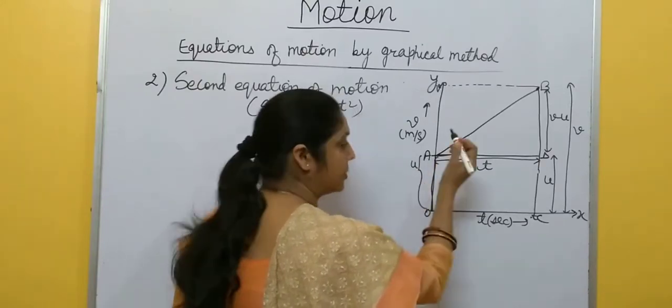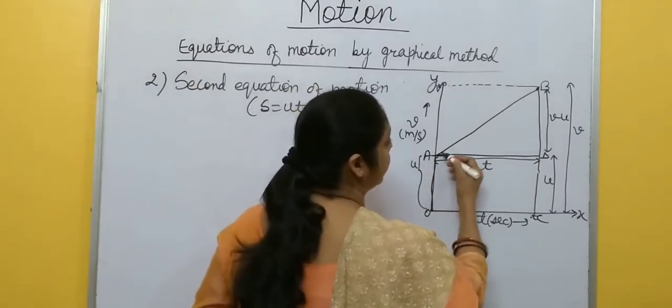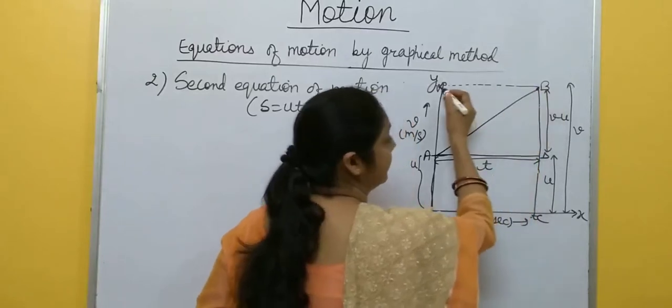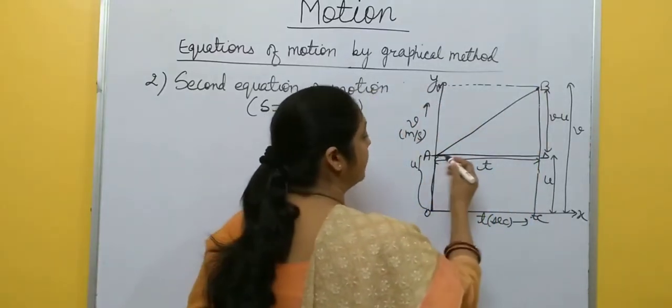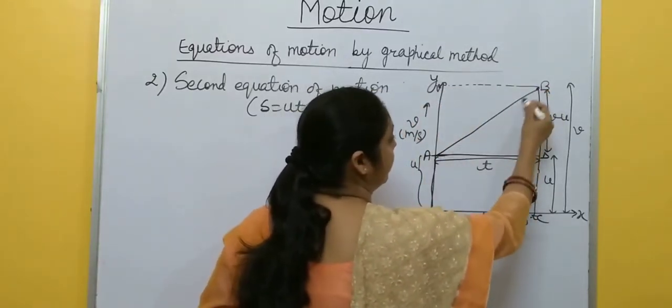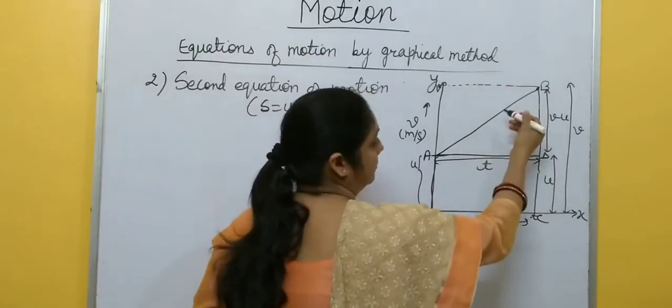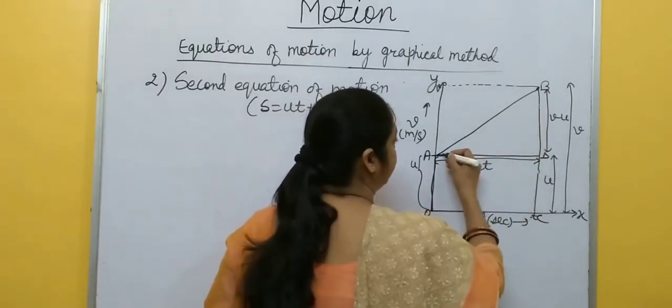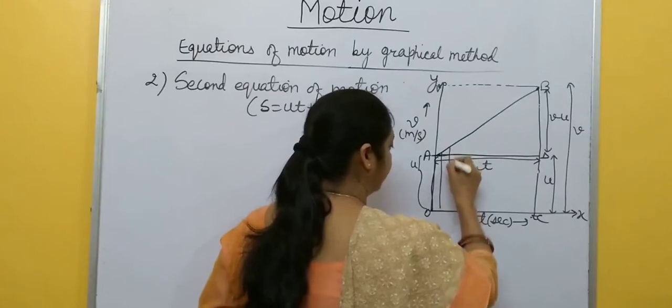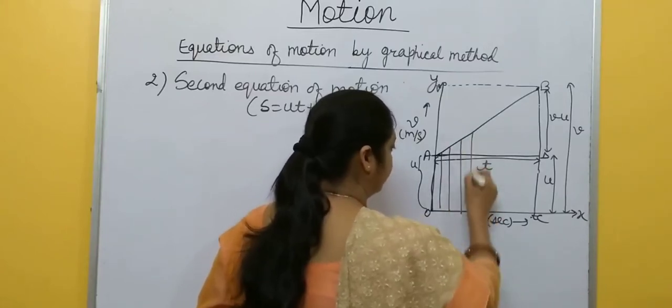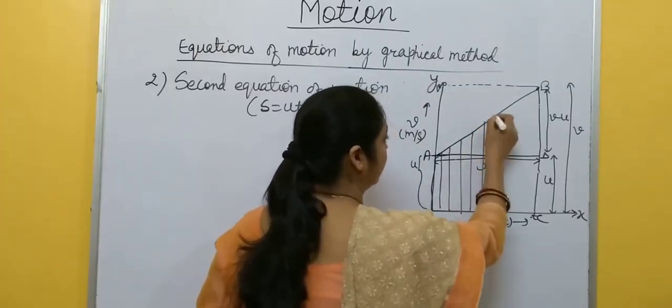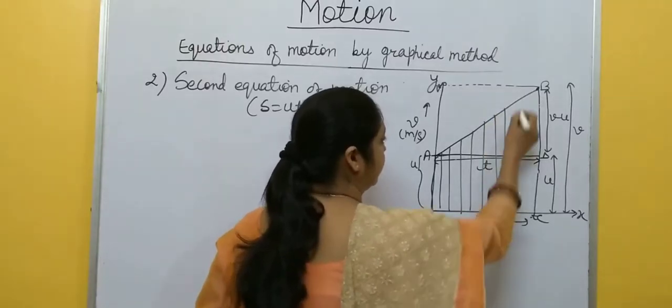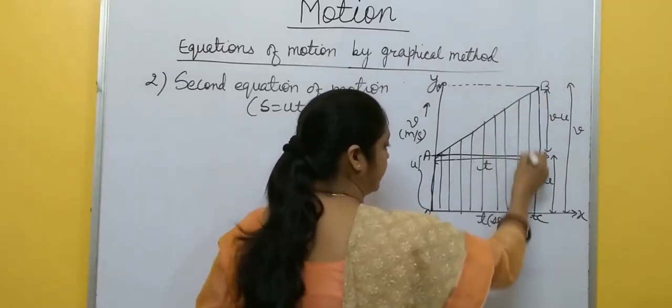So this is the motion of the body from O to A. It has initial velocity u, and after that it reaches B point, which has final velocity v. So this straight line represents motion of an object, and under this straight line this represents area of the velocity time graph of this straight line.